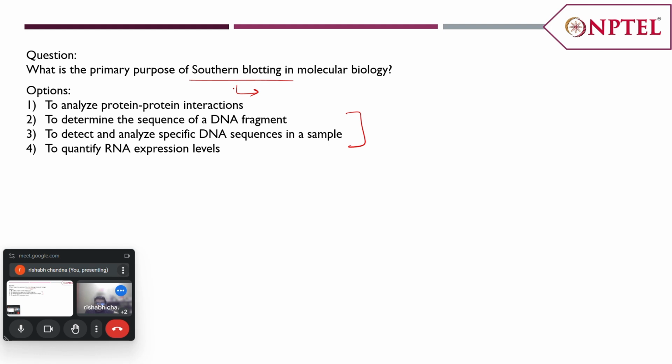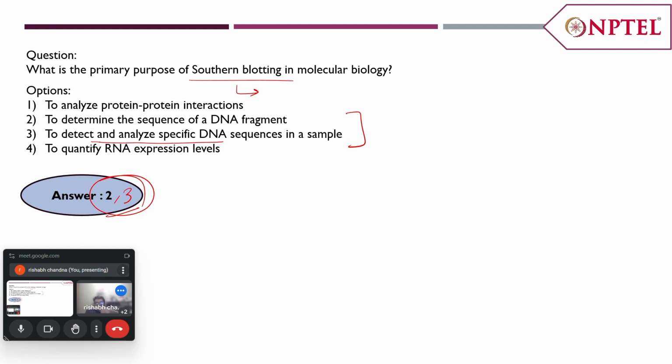And if we are talking about the probes, then yes, it is to detect and analyze specific DNA sequences. So, in my opinion, both second and third would be the correct answer for southern blotting.